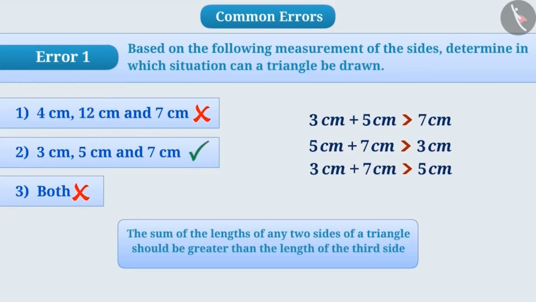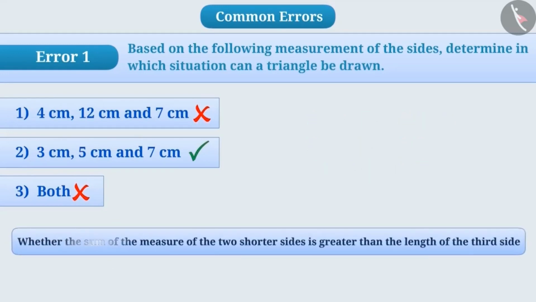It is not necessary that we check all the situations. We can also check whether the sum of the measurement of the two shorter sides is greater than the length of the third side. In option 1, the sum of the lengths of the two shorter sides, 4 cm plus 7 cm, is less than the larger side, 12 cm. So, using option 1, a triangle cannot be drawn.